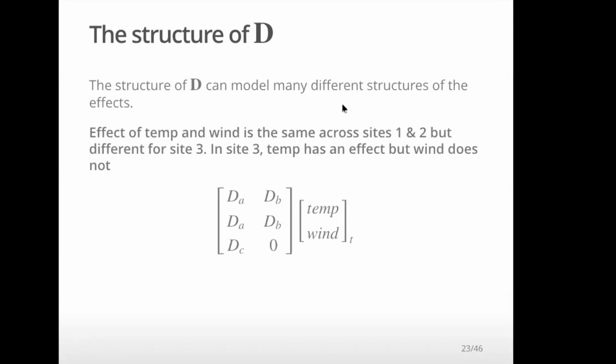But in my third site that's modeling that other X, I think that only temperature is having an effect. Wind is really not a factor there, so I'm going to set that to 0. But the effect of the temperature is totally different than what's going on in those other two sites.